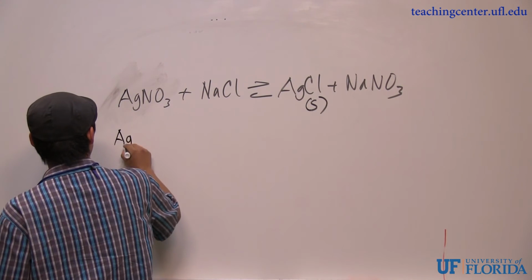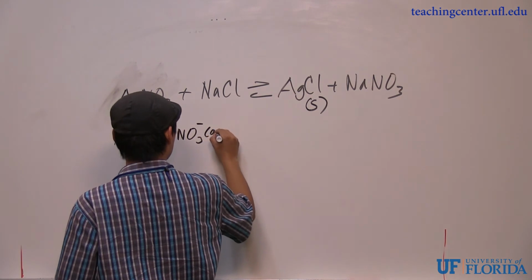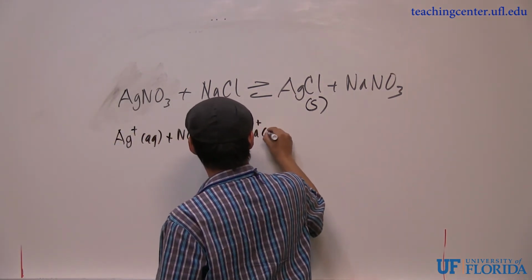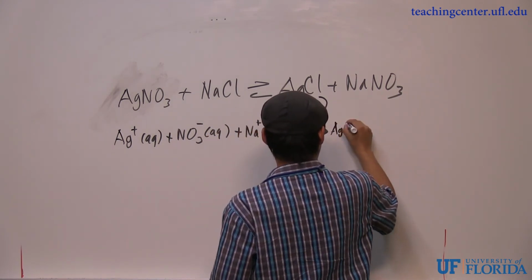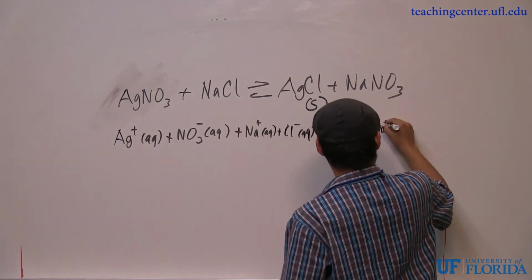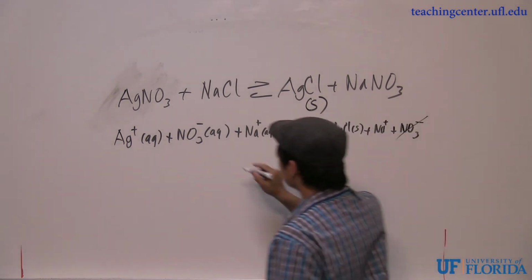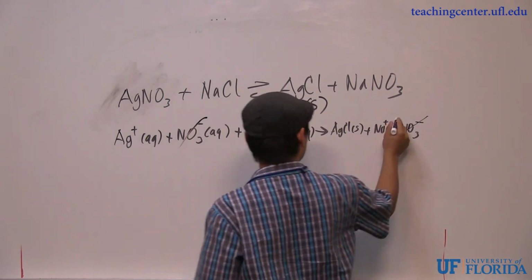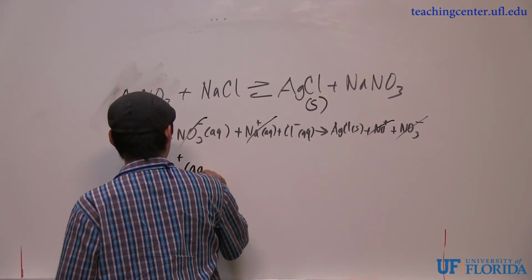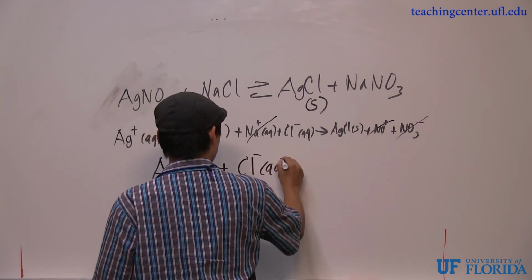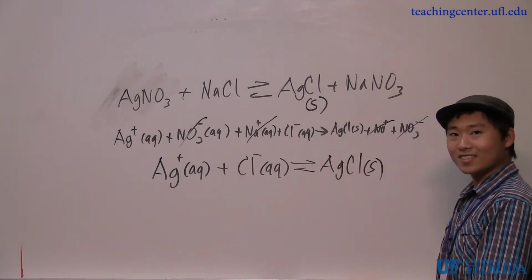So what we now need to do is split up our ions. Okay? And now we cross out the spectators. And now we just write out our net ionic equation, which is Ag+ aq plus Cl- aq produces AgCl solid, and you have your answer.